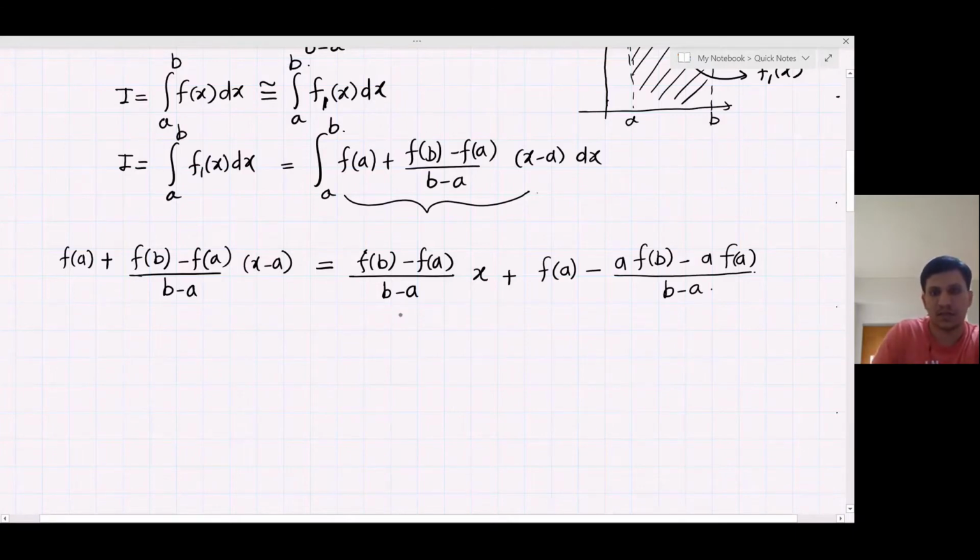So I simplified this equation, or wrote it in a different form.